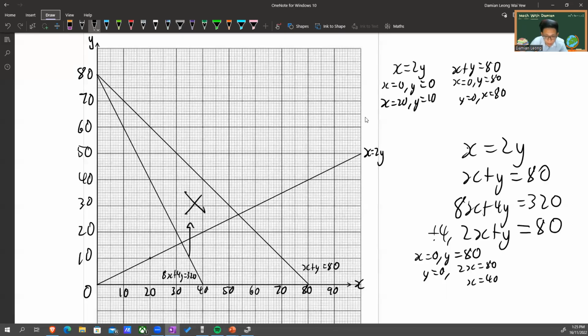So it cannot be this one here. So it must be this triangle here. So shade this triangle. That would be the shaded region. Okay, so this is the graph.